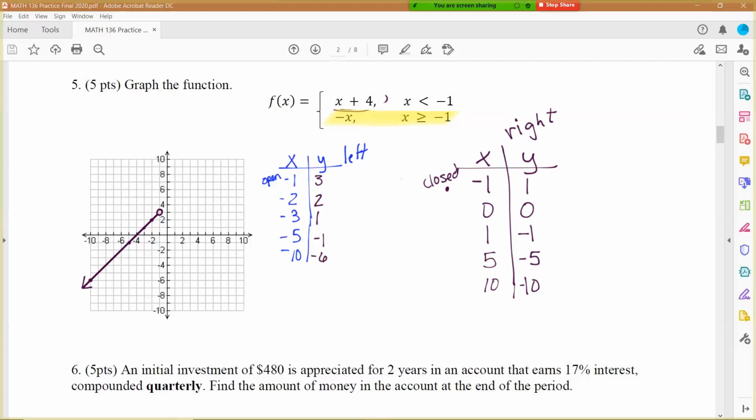Then I'm going to graph these 5 points. Keep in mind that -1, 1 is a closed circle this time. 0, 0, 1, -1, 5, -5, 10, -10, all these points here.